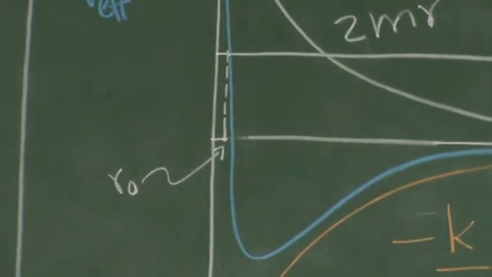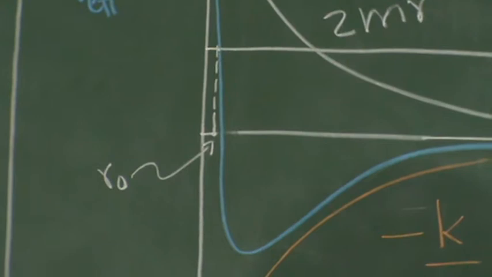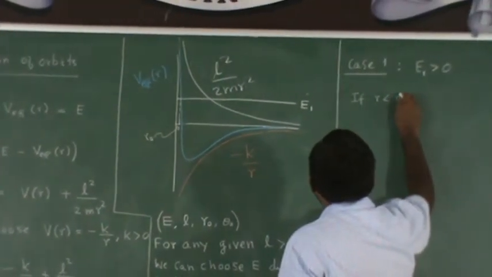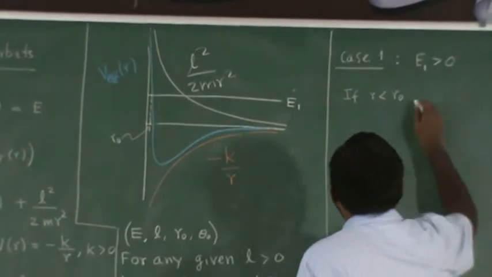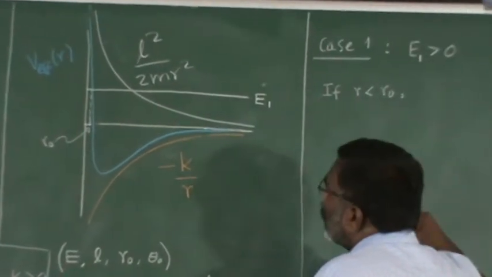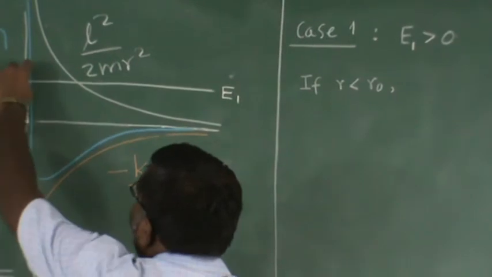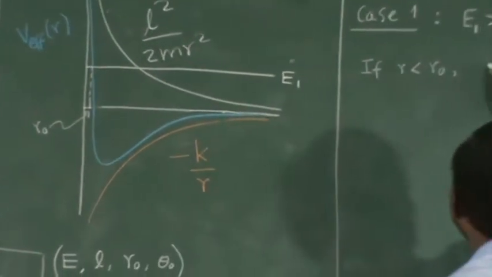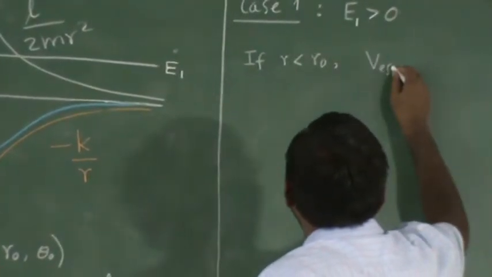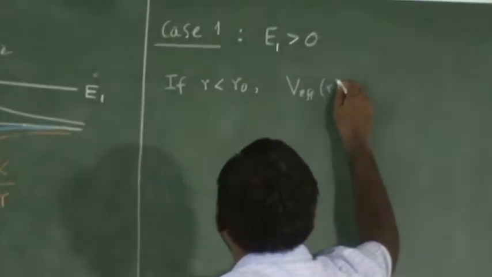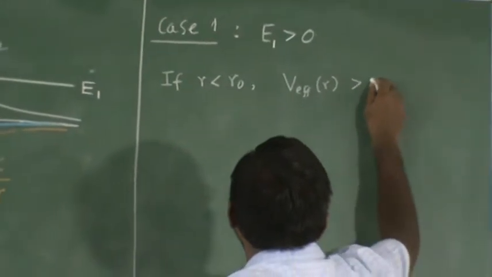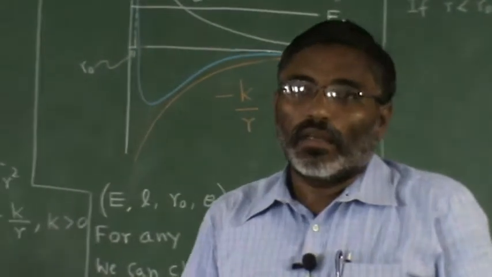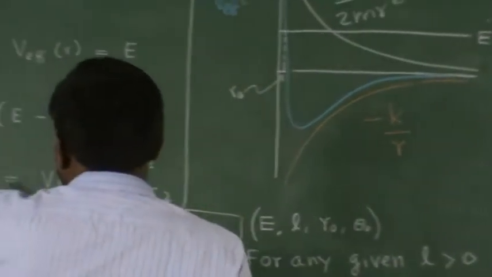Okay? Notice that if r is less than r0, then what happens? r is less than r0, V effective is more than E. Correct? V effective of r is more than E1. Now you look at this expression.